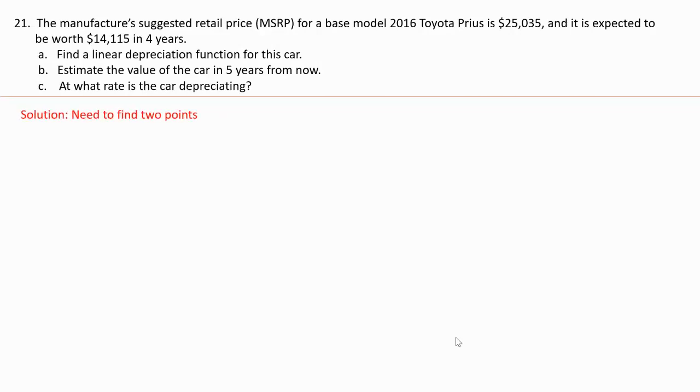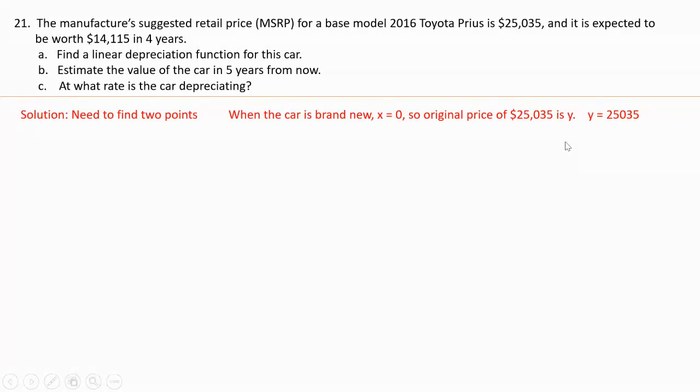So solution, we need to find 2 points. And then once we get the 2 points, to find the equation, we do what we did in the previous slides. But from the word problem, we have to extract the info to get the 2 points. So when the car is brand new, in 2016, the original price, when x is 0, was $25,035.